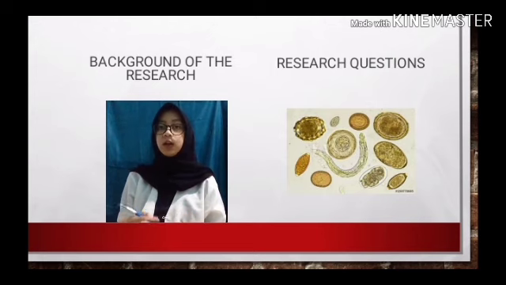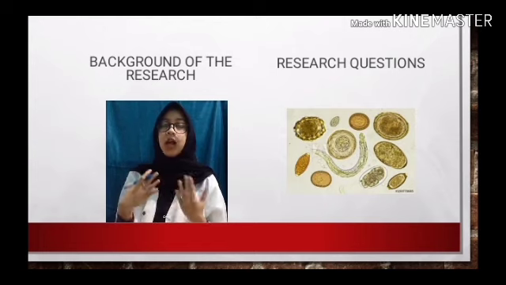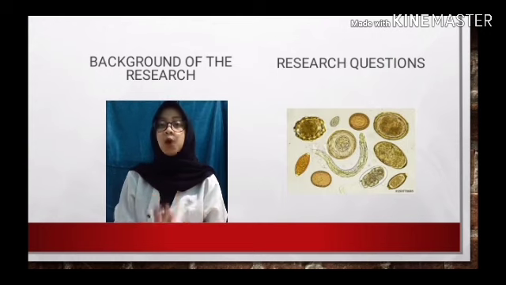Globally, the World Health Organization, or WHO, estimates that more than 1 billion people in the world suffer from helminthiasis, or about 24% of the world population.